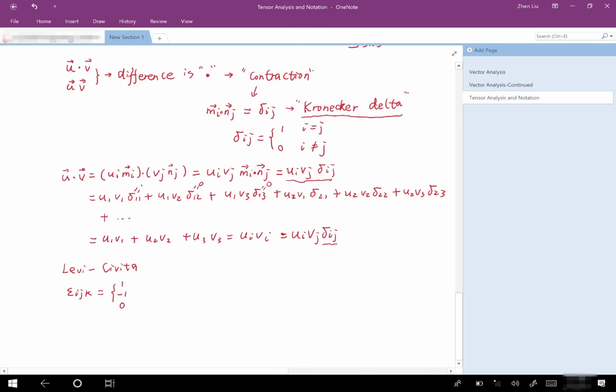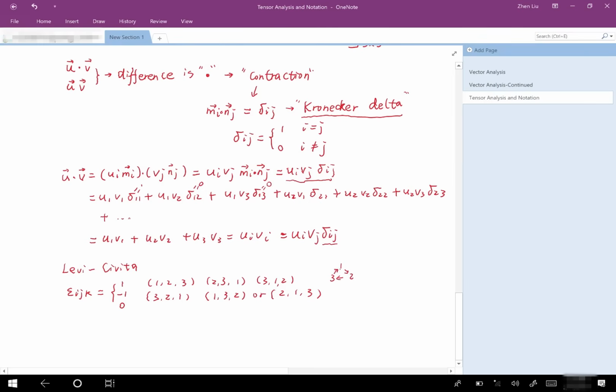So it equals 1 when the i, j, k have an order in the following way. For example, 1, 2, 3, 2, 3, 1, or 3, 1, 2. But it's negative, for example, 3, 2, 1, 1, 3, 2, or 2, 1, 3. You can understand it in this way. For example, 1, 2, 3.